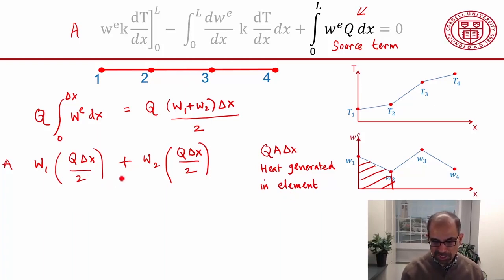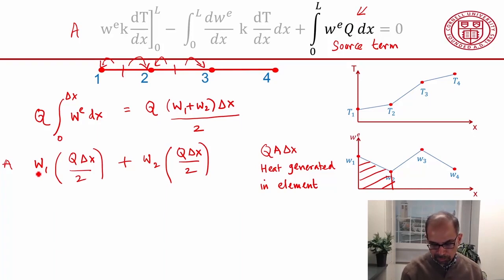So this is interesting, right? When you integrate that term, you can interpret it as half of the heat generated being assigned to this node and half of it assigned to this node. And similarly for element 2, half of this will get assigned here and half of this will get assigned here.